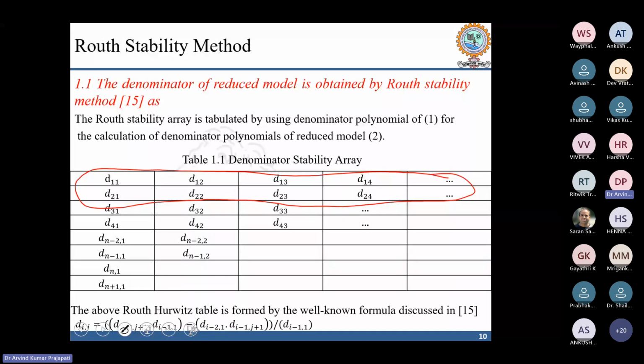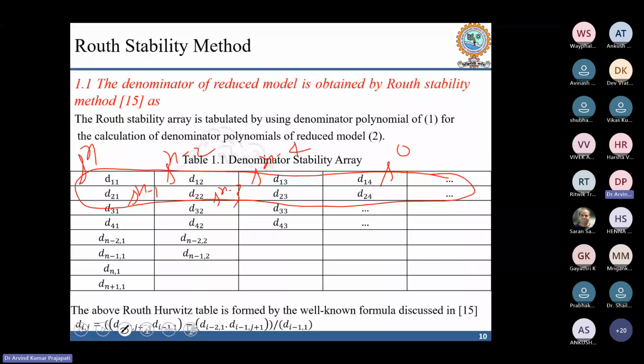Here the first row is the s to the power n coefficient, the s to the power n minus 2 coefficient, the s to the power n minus 4 coefficient, and so on down to the s to the power 0 coefficient. Similarly, the second row will be the s to the power n minus 1 coefficient, then the s to the power n minus 3 coefficient, depending upon whether n is even or odd. So these are representing the two rows.